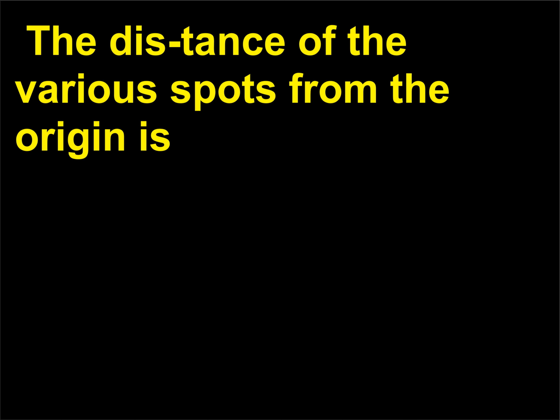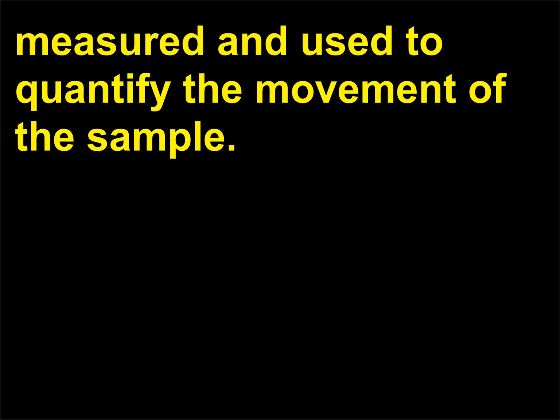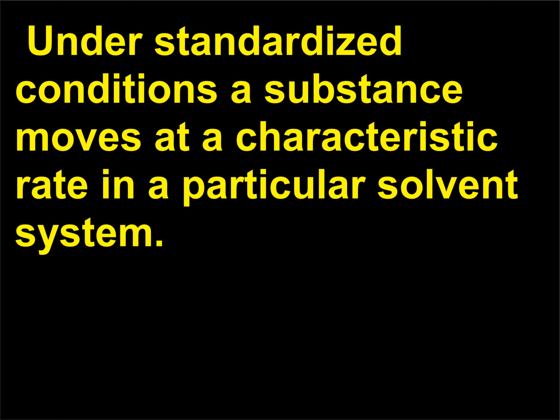The distance of the various spots from the origin is measured and used to quantify the movement of the sample. Under standardized conditions, a substance moves at a characteristic rate in a particular solvent system.